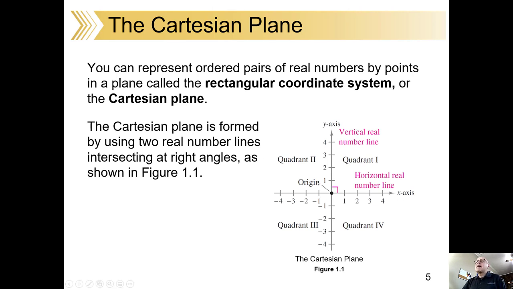You can see the x-axis on the bottom here, the y-axis vertically, right angle between them. We've got four quadrants, starting in the upper right, quadrant 1. Then it goes counterclockwise, 1, 2, 3, 4, and back to 1 in case you are doing some kind of repeating situation.